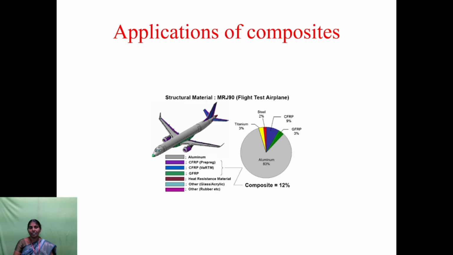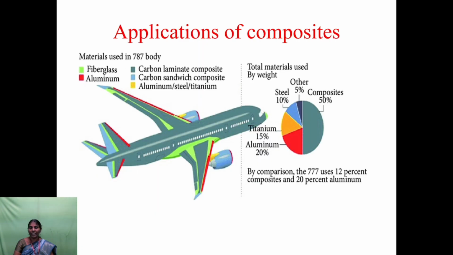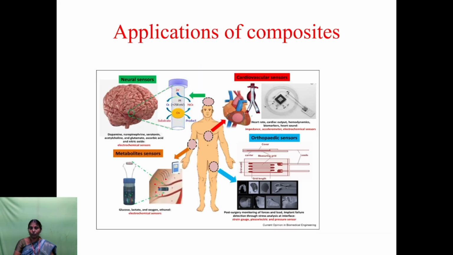And these are the applications of composites. Mostly they are widely used in the fields of aircraft, the automobile department and the medical field. A lot of various sensors are used on our human body to measure the heartbeat.